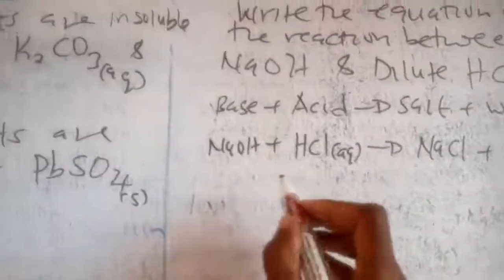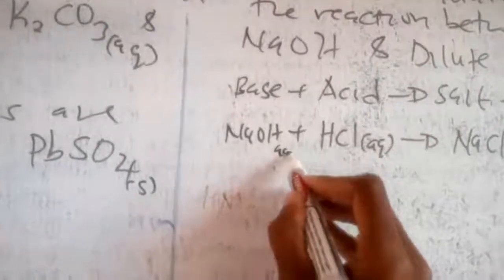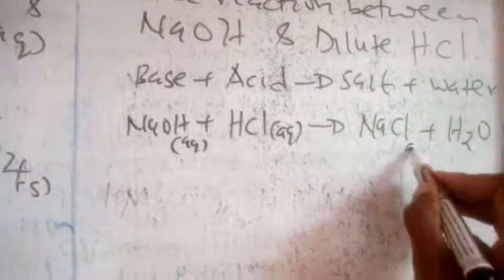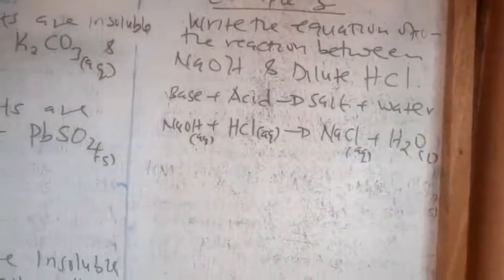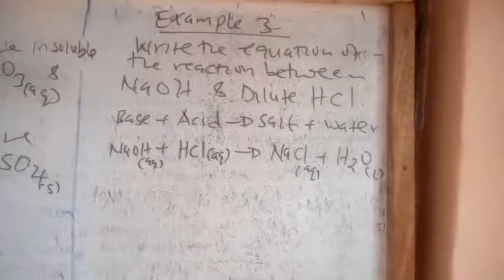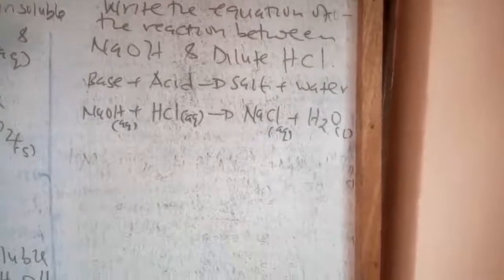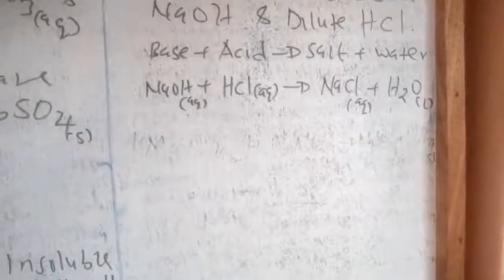Having said that, you can look whether the equation is balanced, and also you write the state symbols. This is a solution, this is also a solution, and this is a liquid because water is in liquid state. Sodium is balanced on both sides, so you can see that there is one sodium on both sides. Also oxygen, there is only one oxygen on both sides, and you can see hydrogen there too.